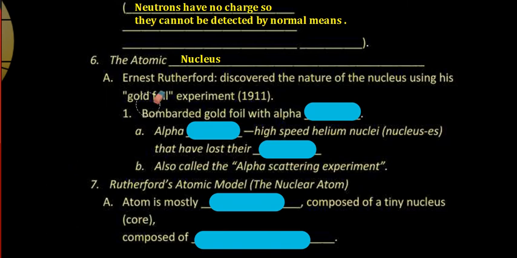In 1911, Ernest Rutherford interpreted data from a couple other scientists, and he discovered the nature of the nucleus using a gold foil experiment. First, he bombarded gold foil with alpha particles, and an alpha particle is a high-speed helium nucleus.